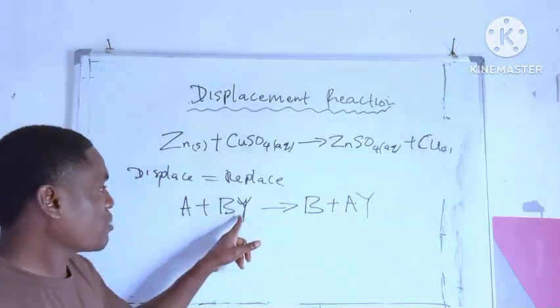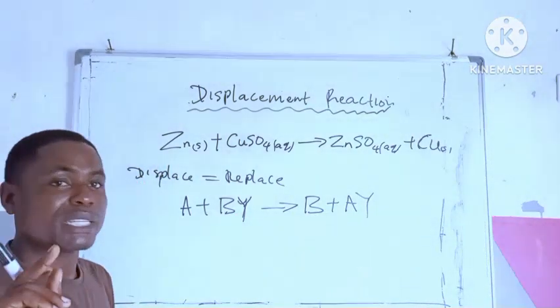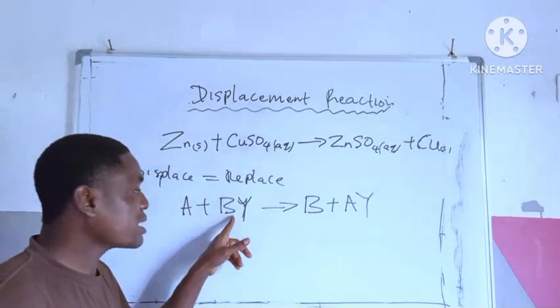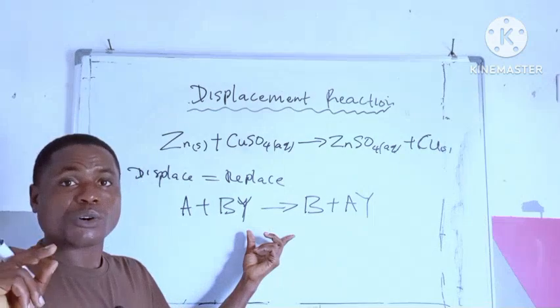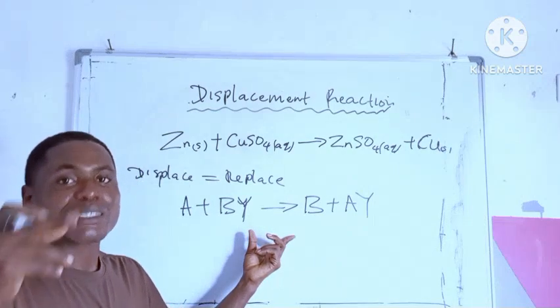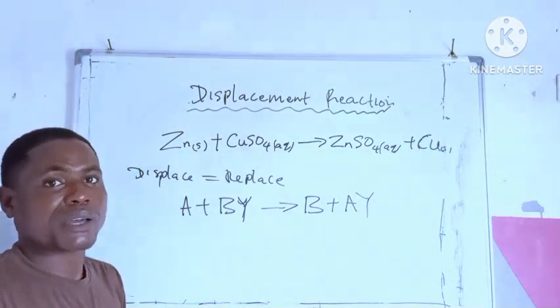A has exchanged B. So here we have B plus AY, meaning that A has replaced B in this reaction. So this is the meaning of displacement or replacement reaction: the ability of a given element to replace another one.